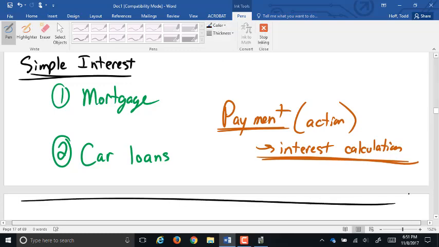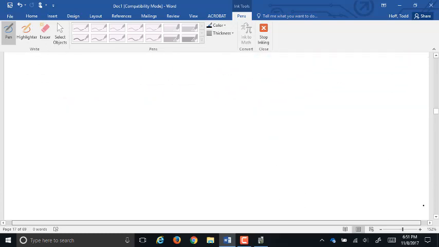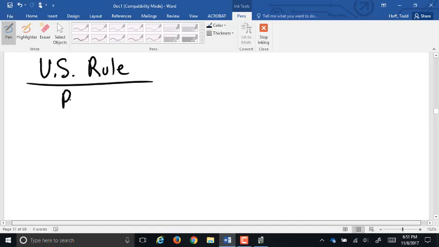This is all part of a process called the U.S. rule. What the U.S. rule is, it's a regulatory process for calculating partial payments on a loan or an account.